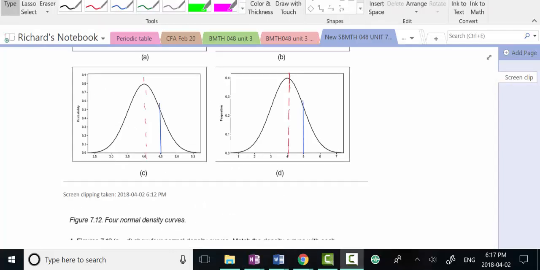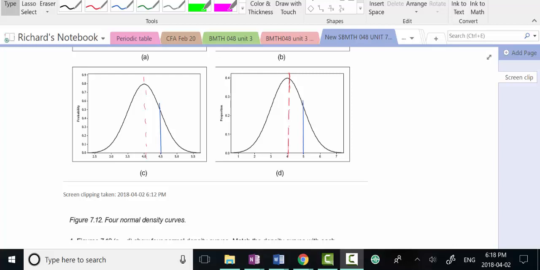So I would say that curve C and curve D both have means of 4. However, the standard deviation for curve C, just eyeballing the inflection point here, looks like 0.5, because at the inflection point the value is 4.5, which is 0.5 up from the mean.